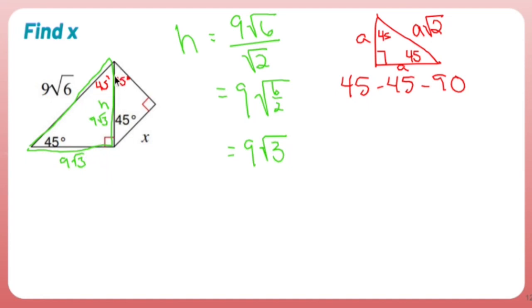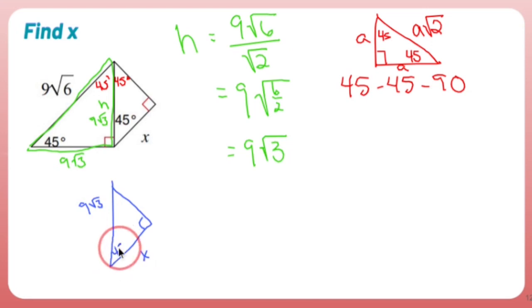Now what I have is this triangle where I have to find x, so I'm going to color it blue. Okay, and just because I'm mucking this up, I'm going to move it down. I'm going to recreate the fact that this is 9 root 3, and I have to find x, and you're a right angle.